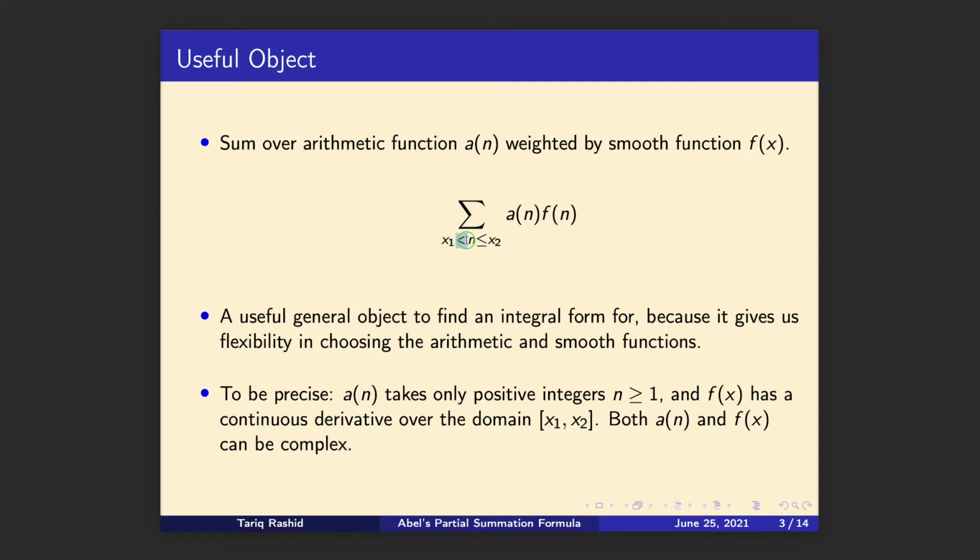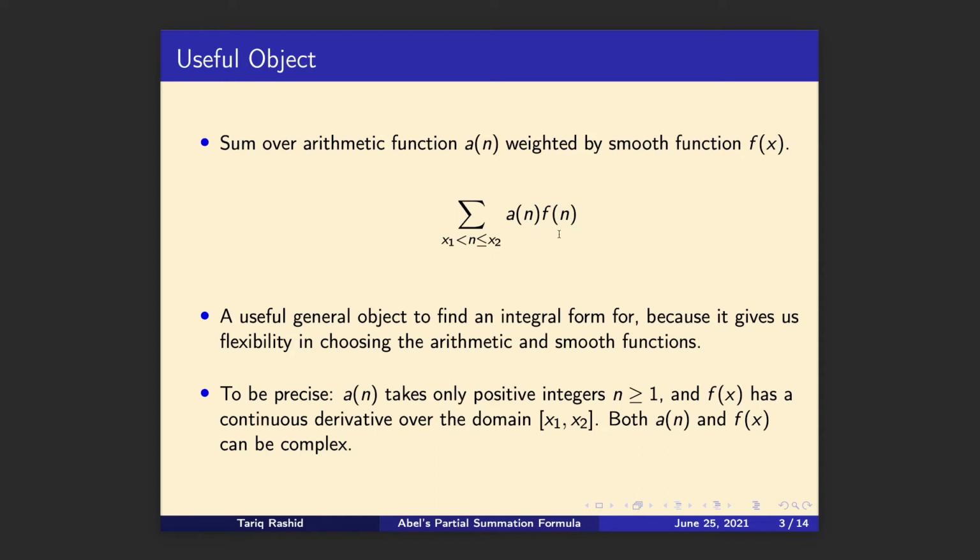Notice that this is less than and this is less than or equal to, so that's a little detail worth keeping an eye on. We have an arithmetic function that we're summing over, but it can be weighted by a smooth function. Of course this can be 1 to make it go away, or it can be something that's useful, and we'll find that it is useful.